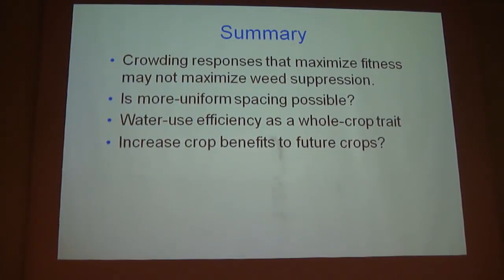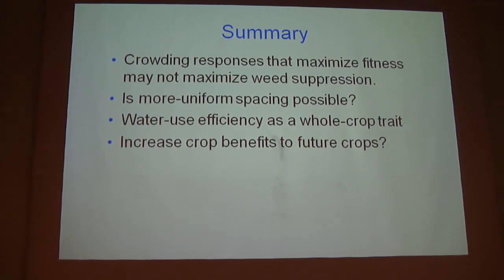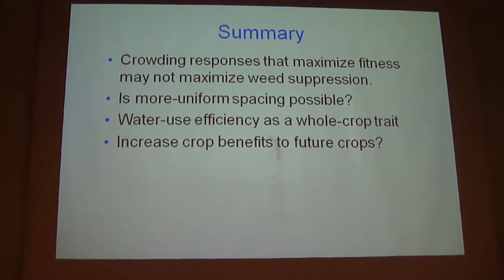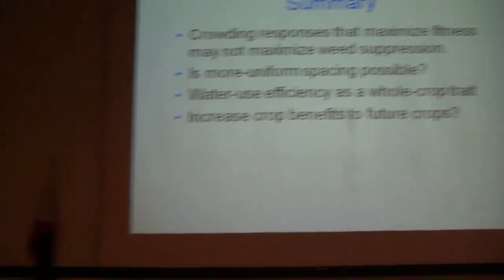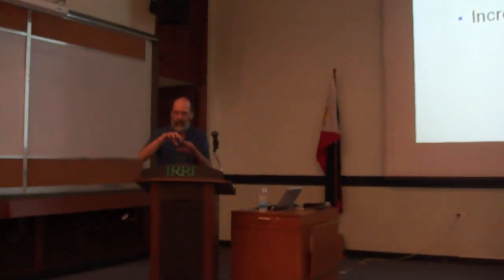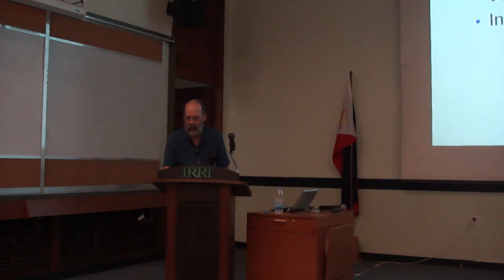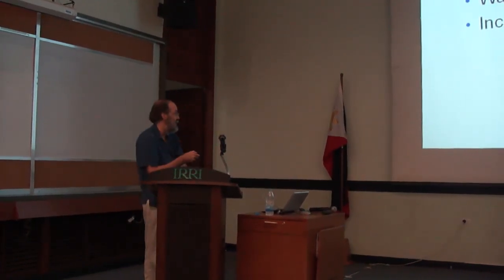I proposed looking at more uniform spacing, but I'm not a rice expert, so I don't know if that's practical or not. I suggested that when we think about water use efficiency, we should be thinking about not just the individual plant perspective, but the whole plant community and what kind of traits would perhaps be more efficient in terms of a whole field of plants.